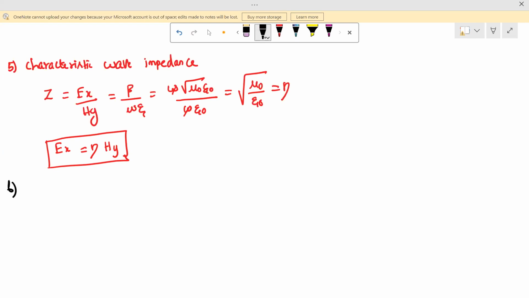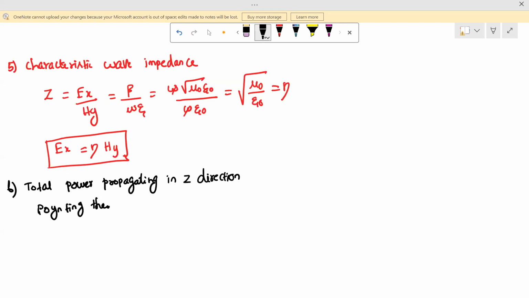The next characteristic of TEM wave is the total power propagating in Z direction. This can be calculated using Poynting theorem, which is given by P is equal to double integral over x y of E into H dx dy.